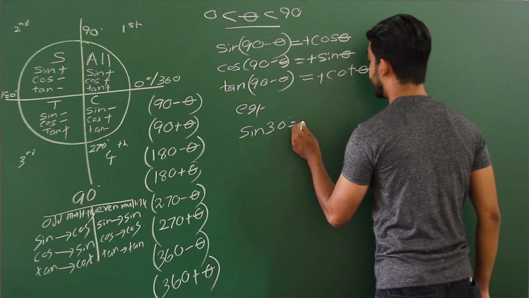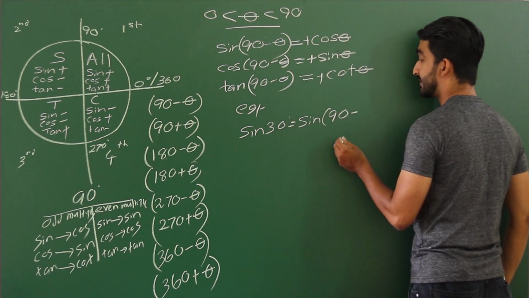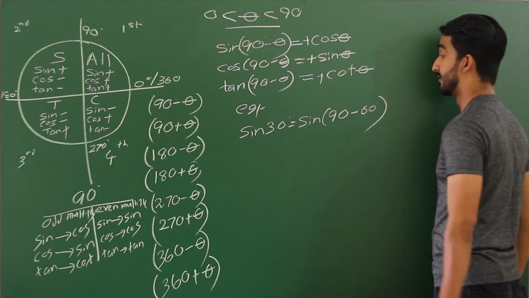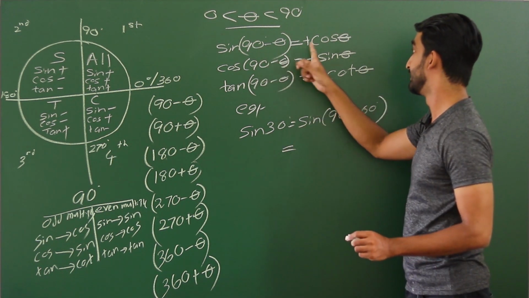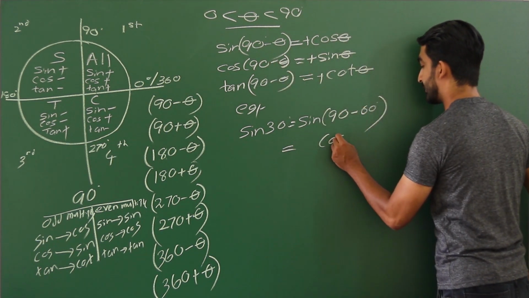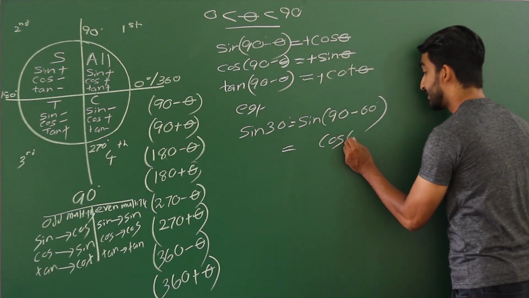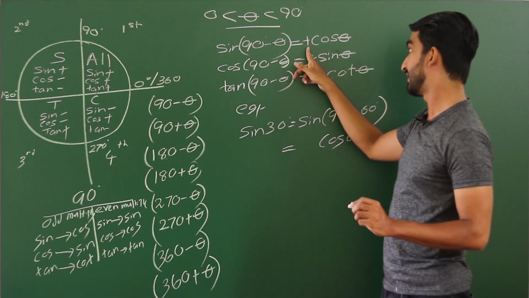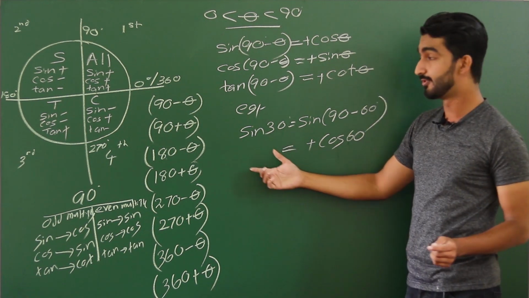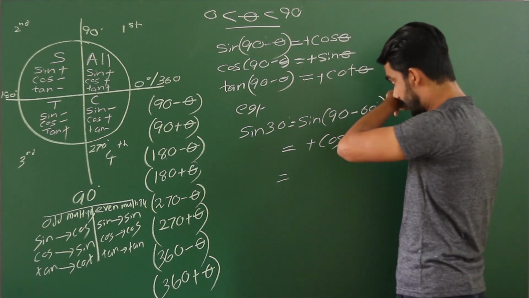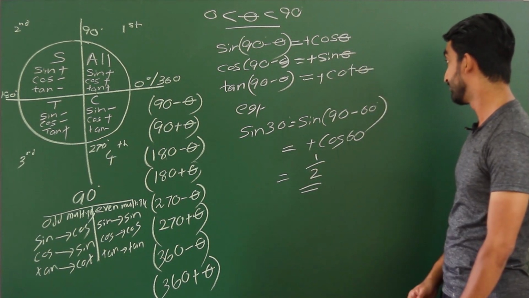We can write sine 90 minus 60 degrees, which is the same 30, and when you are dealing with 90, sine changes to cos, and instead of theta here 60 degrees is there, so we write cos 60, because in the first quadrant this is plus cos 60. Now sine 30 is half, and cos 60 also, if you remember the basic trigonometry values table, is half, so this conversion works.